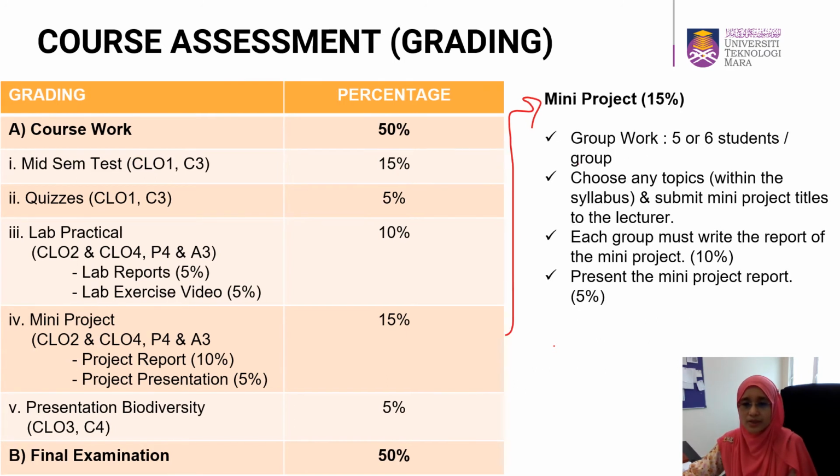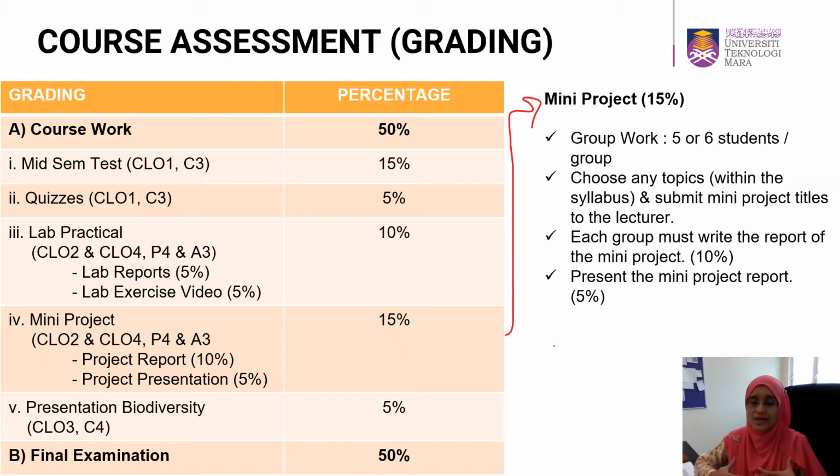for the next one is the mini projects. Okay, so again, you are going to do the mini project in the same group as you do the lab work. Okay, choose any topic within the syllabus for you to come up with a proposed experiment. Okay, and then with the introduction, the objective, the procedures, the hypothetical results, because you are not going to actually carry out the experiment.